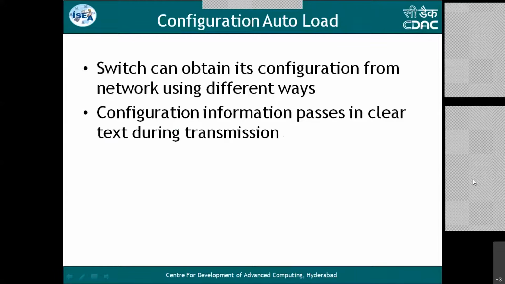Some of the services used for loading configuration files and updating switches use RARP or TFTP, trivial file transfer protocol, because you have to download a file from a system to your switch or router. The configuration information passes in clear text during the transmission.